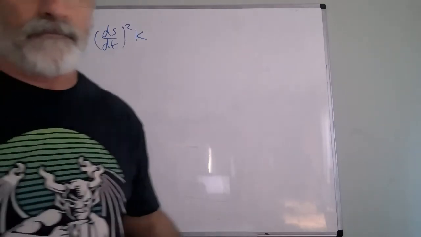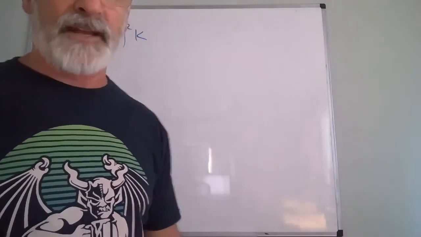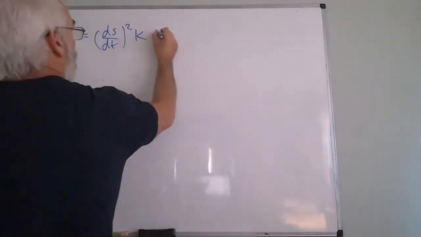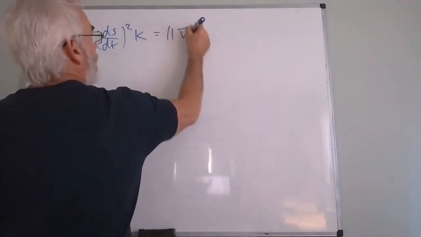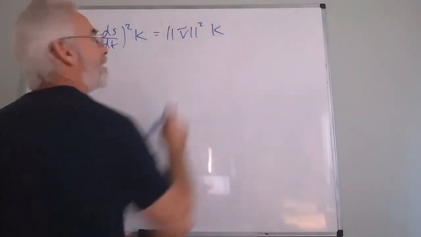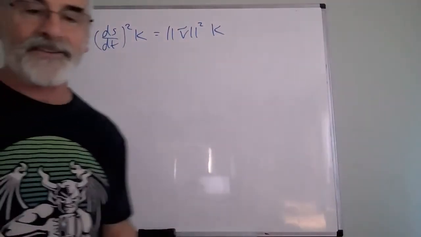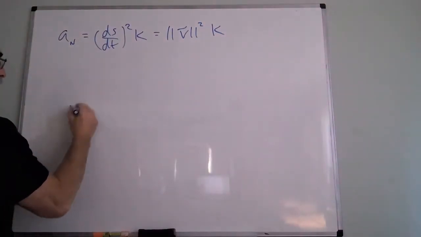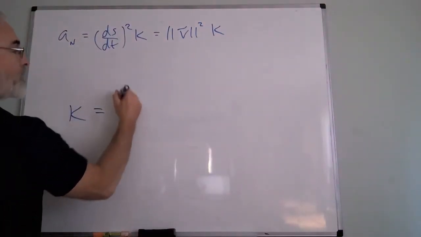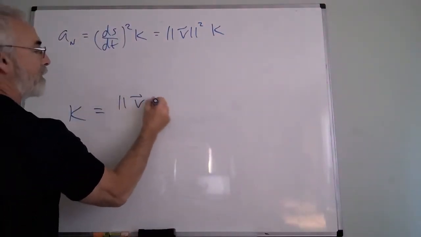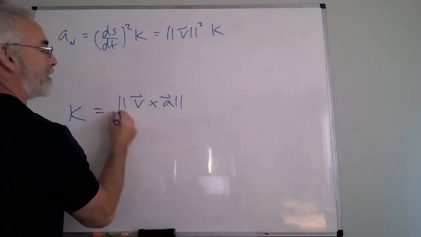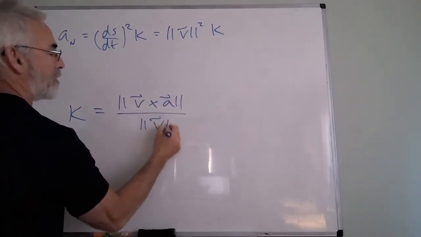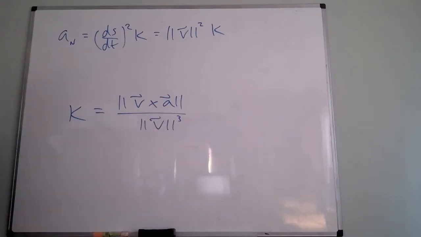That's not because I told you; that's what we found out that it is. But if you remember last day, what did I come up with for curvature? We derived this. Curvature was the magnitude of V cross A over the cube of the magnitude of V.